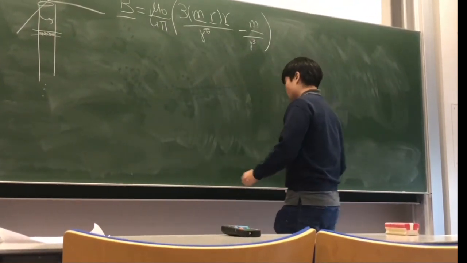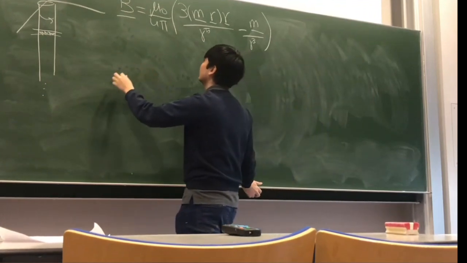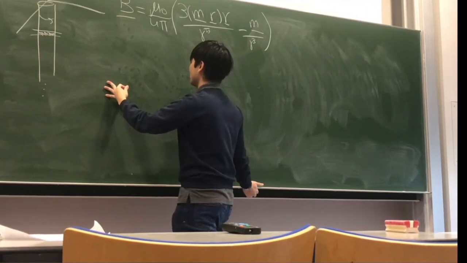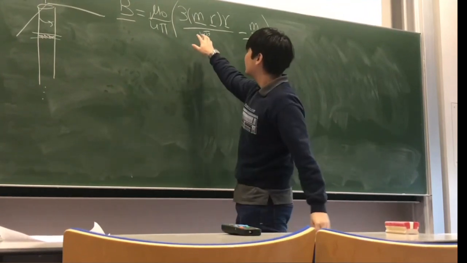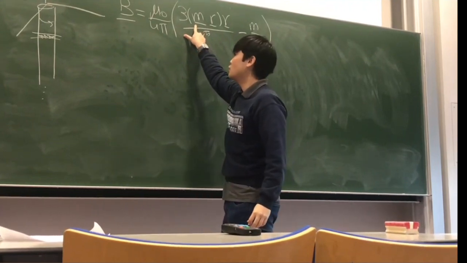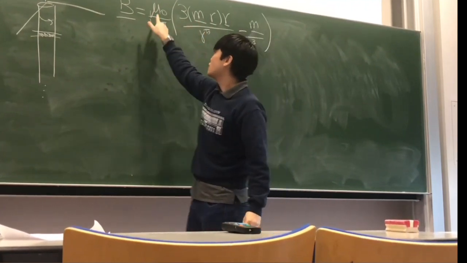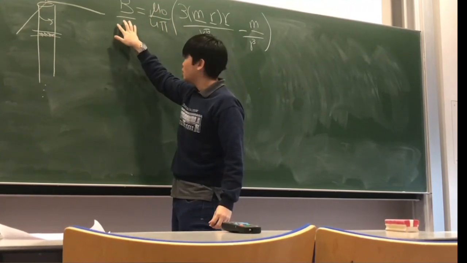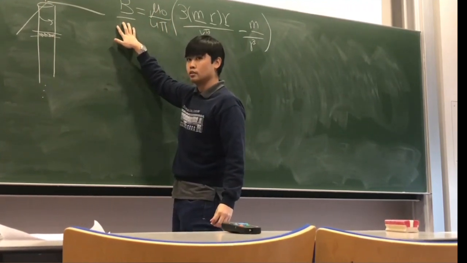And so I'm going to integrate this actually by analogy. So I claim that if you replace this magnetic dipole moment here with the electric dipole moment, and you change this mu naught to 1 over epsilon naught, what you will get is an electric field from a dipole.